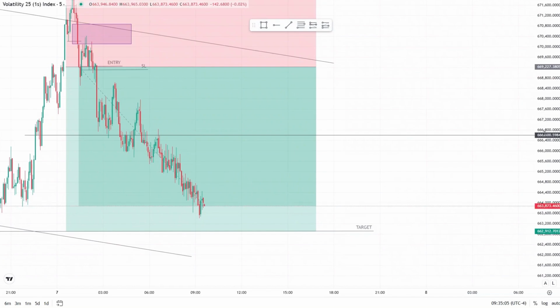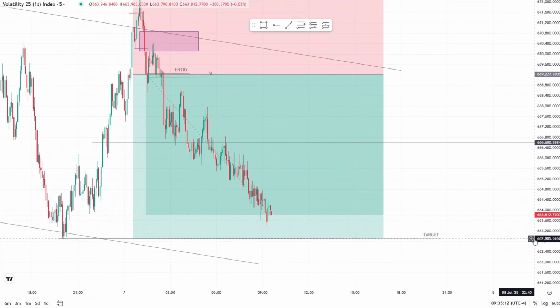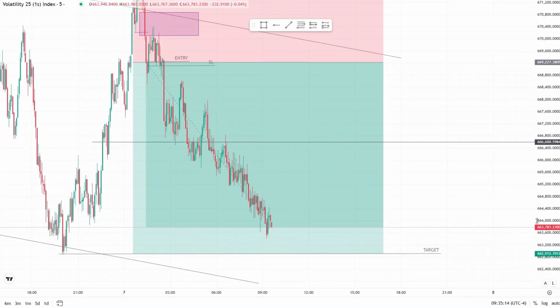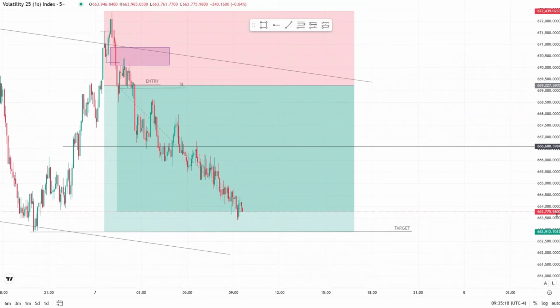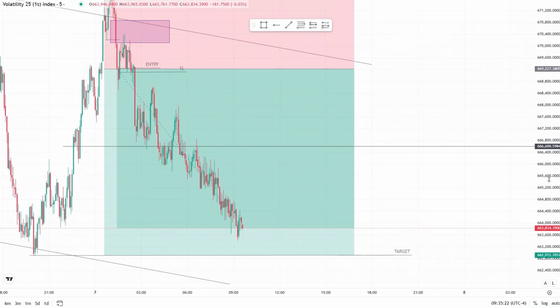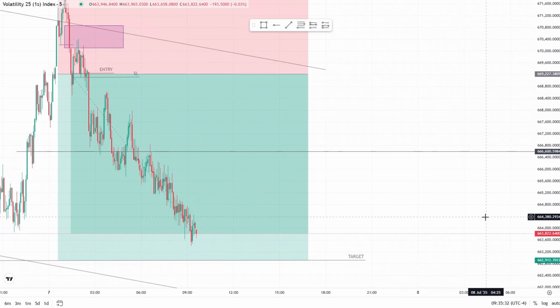But let's wait for this last push, because I feel like now it is done retesting a little bit. So let's see if this last push will be our TP. If it doesn't hit on this push, then I'm just gonna close it here, and then later on I'm gonna take a picture of this and post it on YouTube.